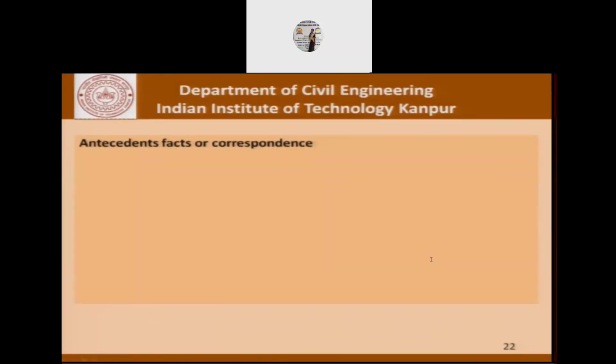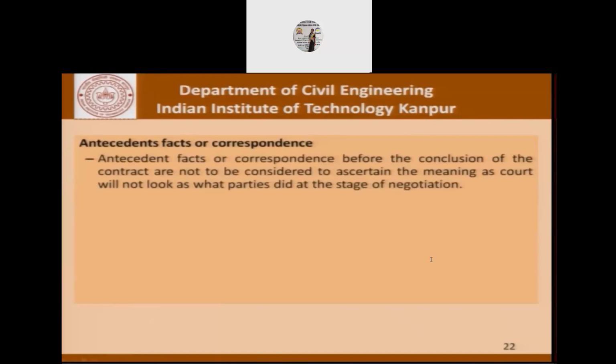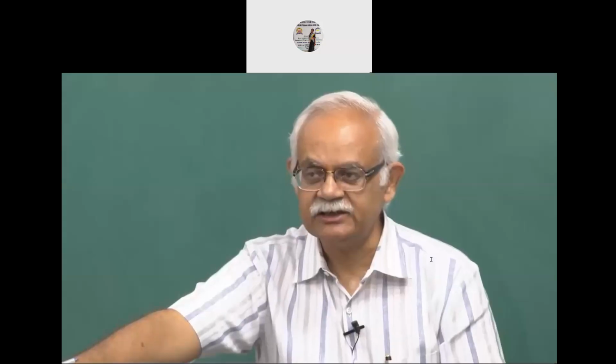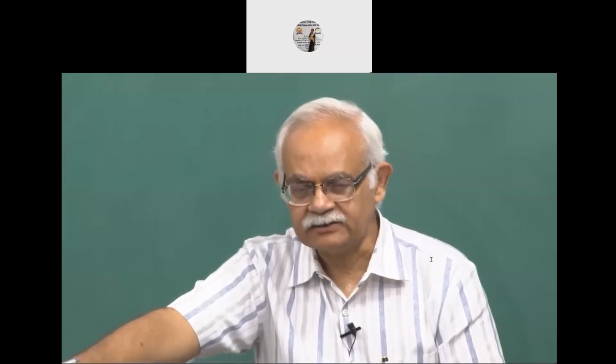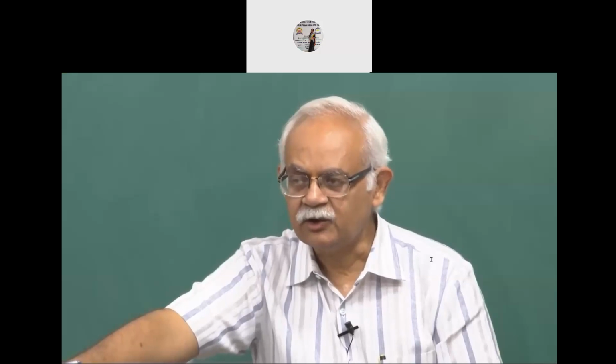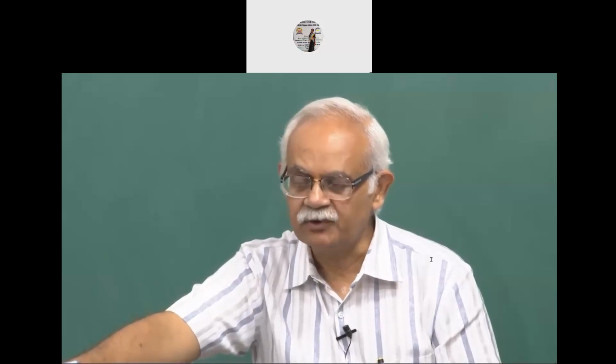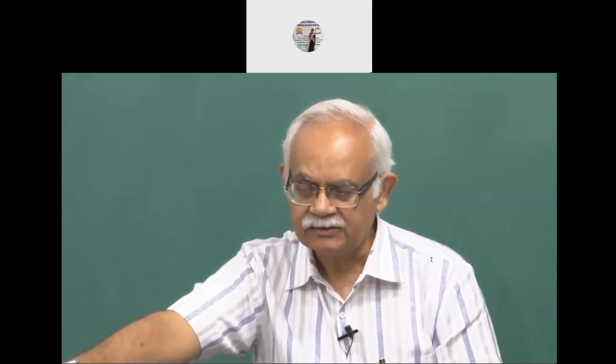So what are antecedent facts? Antecedent facts of correspondence before the conclusion of the contract give meaning as to what the parties did at the stage of negotiation. What's being said here is that the parties negotiate certain things before the signing of the contract.